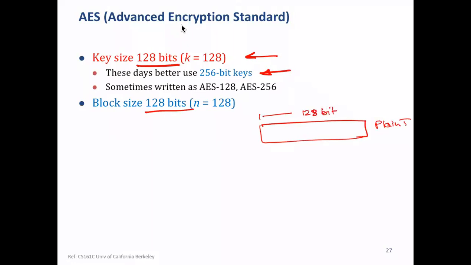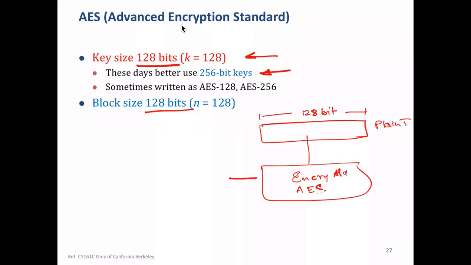So you take this 128-bit block, and this is the encryption algorithm, which is AES type. Then apply to this a unique key which is of 128 bits, or it could be 256 bits, and the output you get is encrypted text.